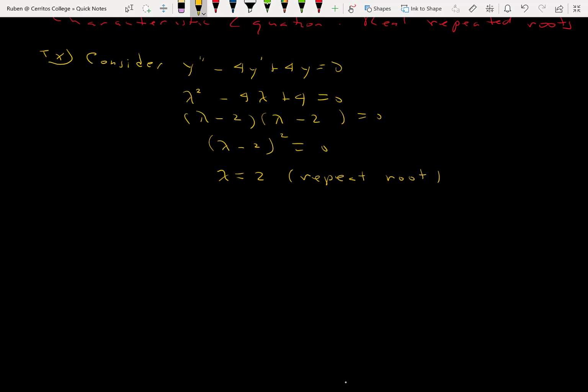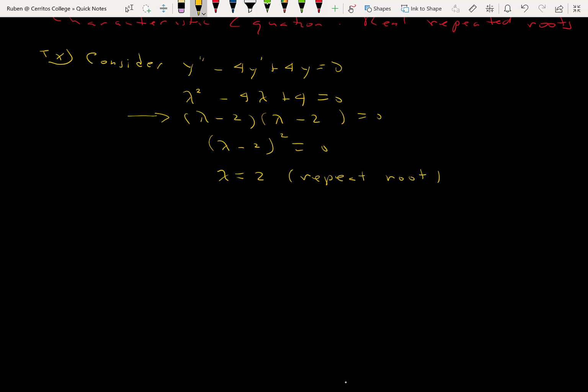Remember from pre-calc that every nth degree polynomial has exactly n roots or zeros, including multiplicity. So our polynomial factors into lambda minus 2 times lambda minus 2. So in fact, lambda equals 2 is a root twice, or it's a repeated root.